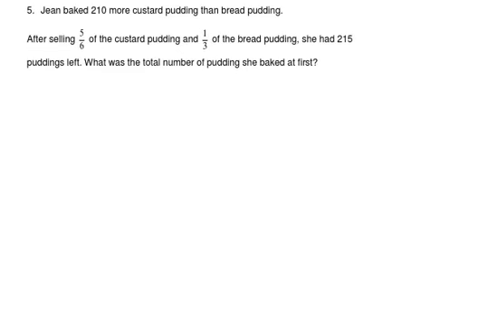Now let's look at the next question. Jean baked 210 more custard pudding than bread pudding. After selling 5/6 of the custard pudding and 1/3 of the bread pudding, she had 215 pudding left. What was the total number of pudding she baked at first?